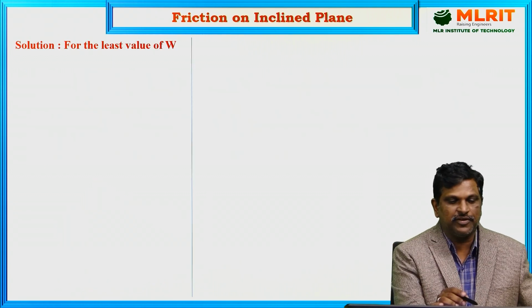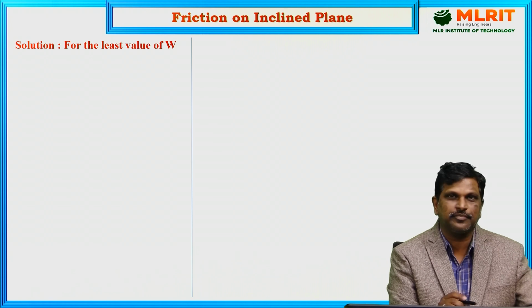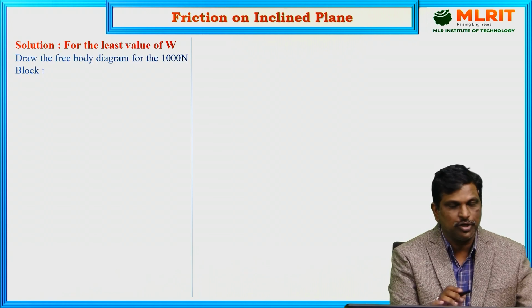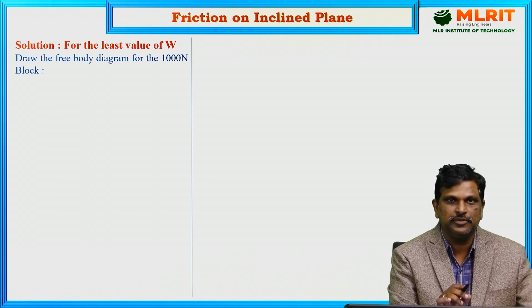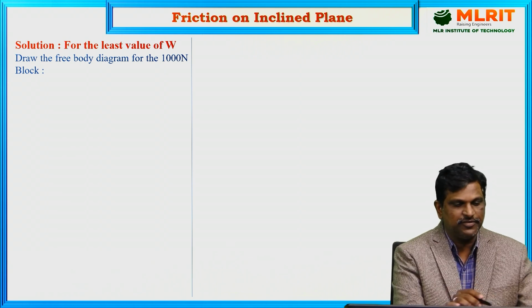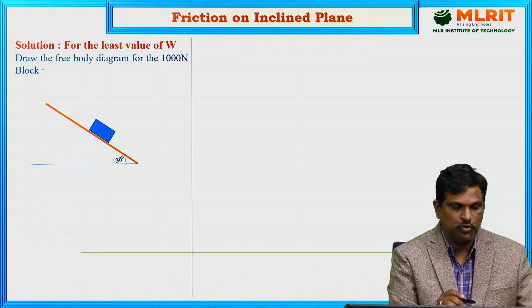First case, for the least value of W, draw the free body diagram of the 1000 Newton block. Draw the free body diagram of the 1000 Newton block and the W Newton block separately and apply the static equilibrium conditions. So first draw the free body diagram of the 1000 Newton block.